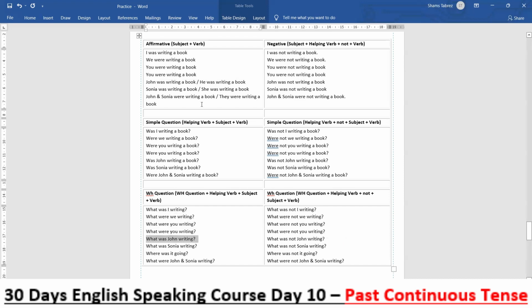So how will you reply? John was playing. Let's say this is the question: what was John doing? He has not included the word writing here.